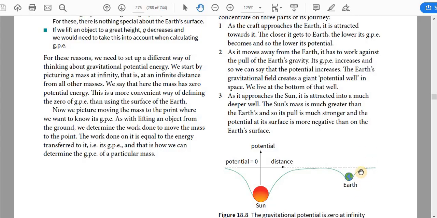Okay, so it becomes less and less negative. But when it's coming towards the earth, it becomes more and more negative, because work is done on it. But when it's going away, it has to do work against the gravitational field of the earth. So its potential increases or becomes less and less negative.